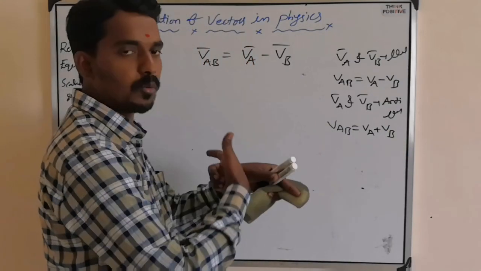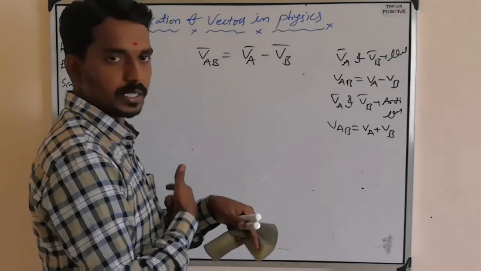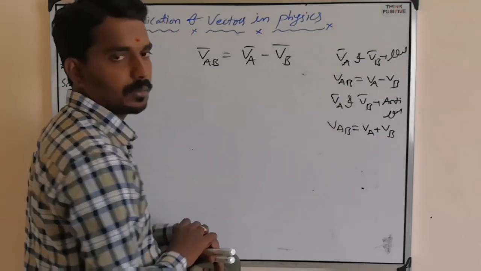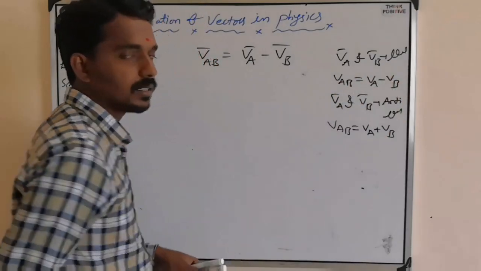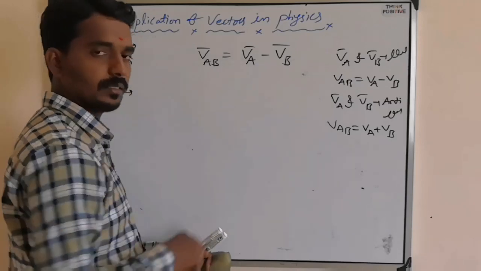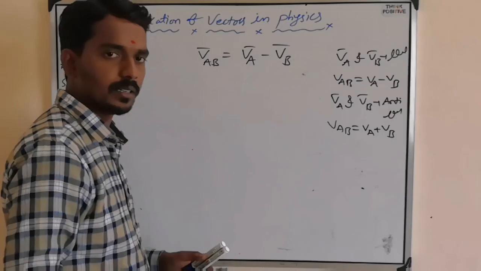When two vectors are coming opposite to each other, then VA plus VB. If they are parallel to each other, then VA minus VB. We have studied this in motion in one dimension.